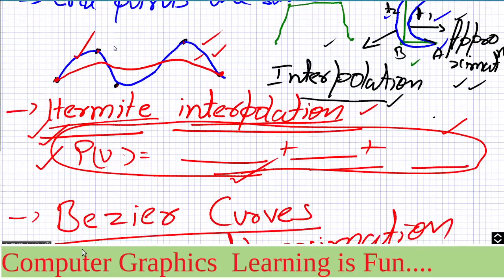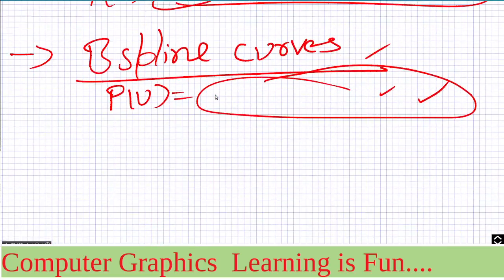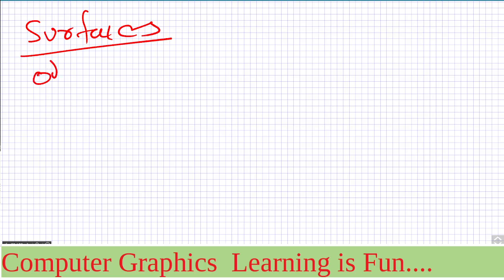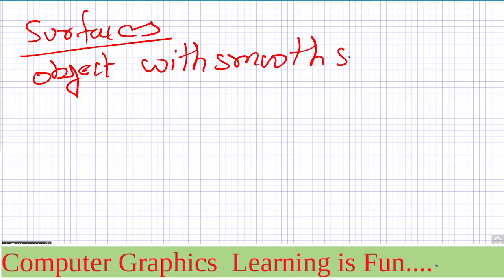Using these you can definitely have surfaces. Now you can understand, while designing certain objects with smooth surfaces, how can you have a smooth surface?